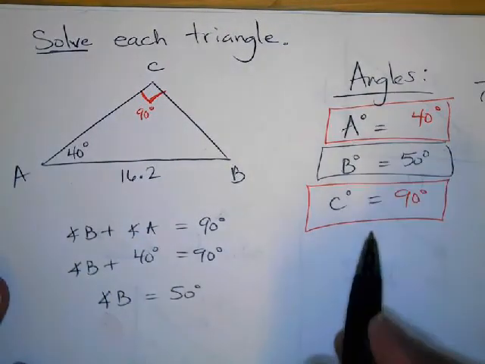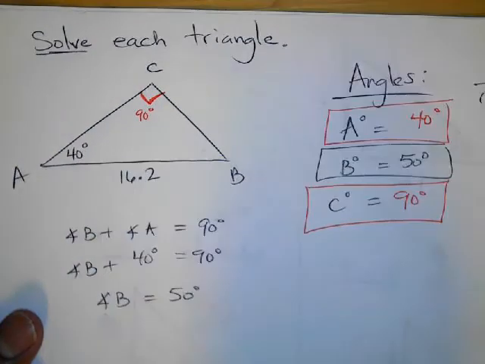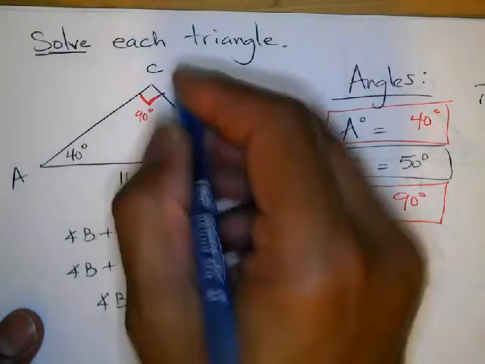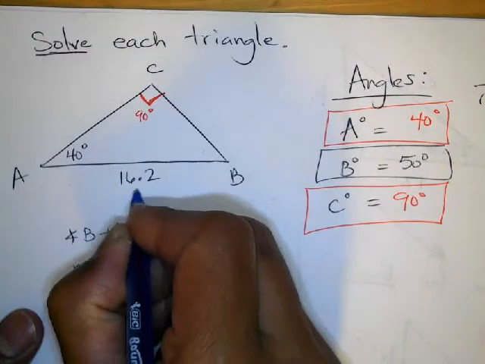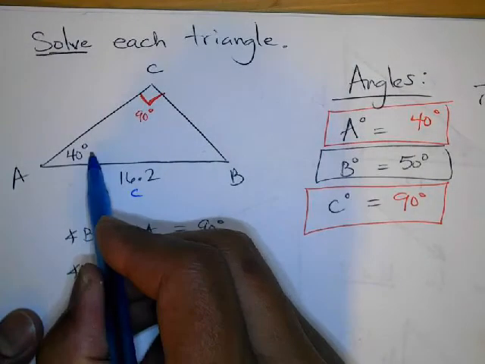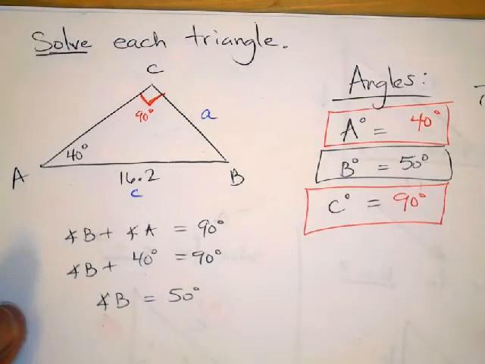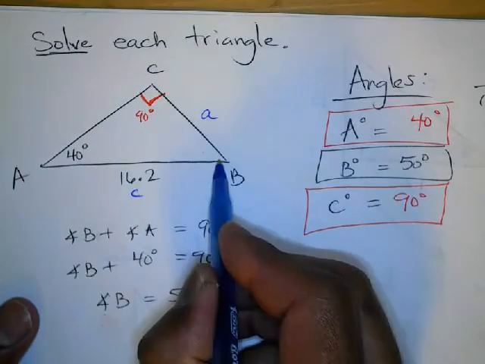Okay, angles are done. Now, let's come over here and see what we've got. I already know this is angle C, so this is side C. I don't need to find side C. I already have it. This is angle A, so I look over here. This is lowercase a. Side A is the lowercase letters.